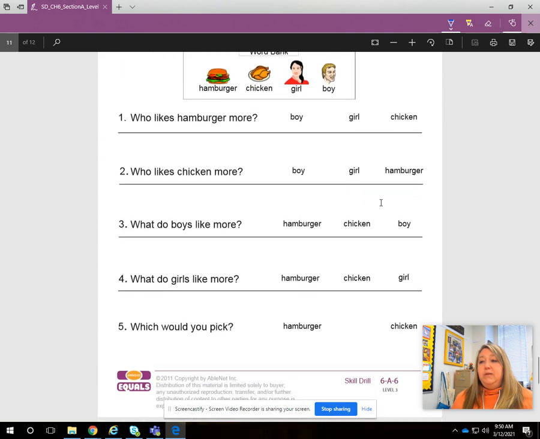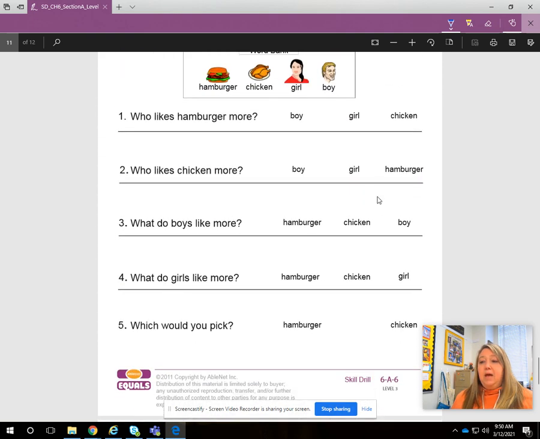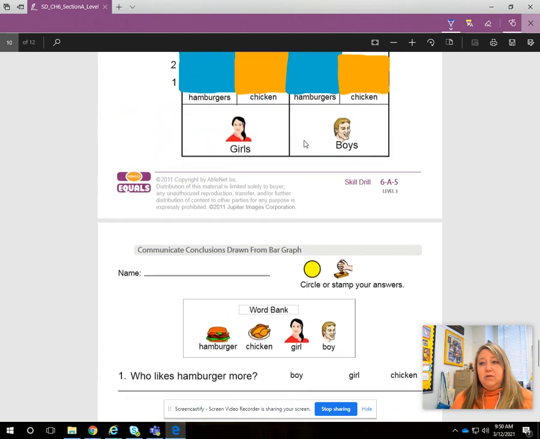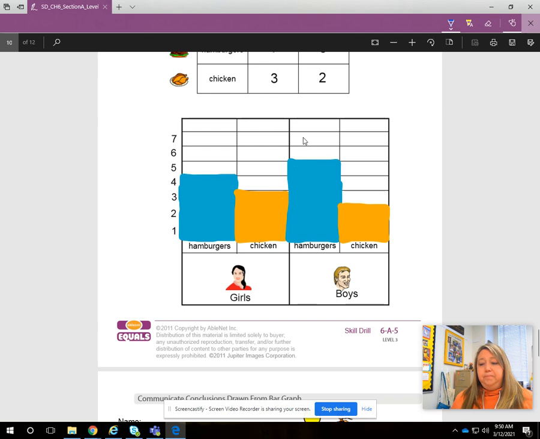So here's what the worksheet says. The first question says, who likes hamburgers more? Who chose the hamburgers more? Was it the boys, the girls, or the chicken? Well, we didn't ask any chickens, so that's silly. We did not ask any chickens if they like hamburger or chicken, but we did ask boys and we did ask girls. Okay, so let's find out which one likes hamburgers more. So we look up here.